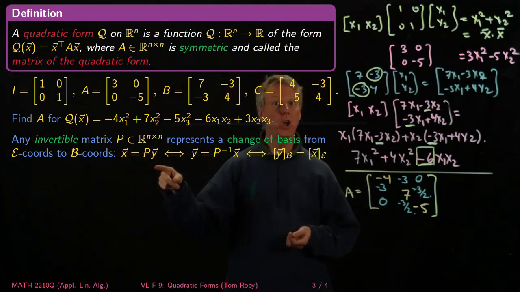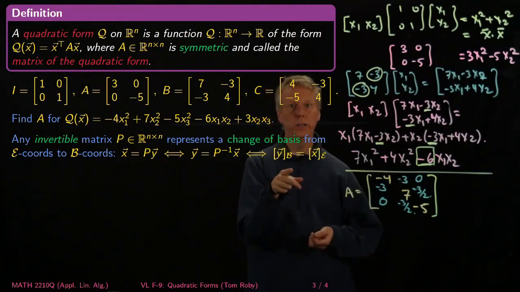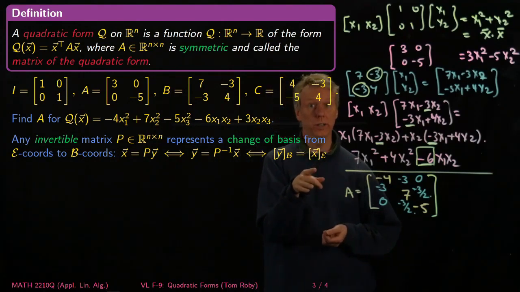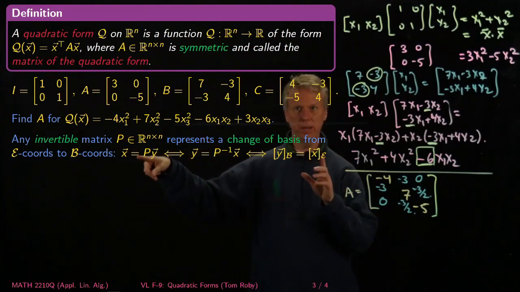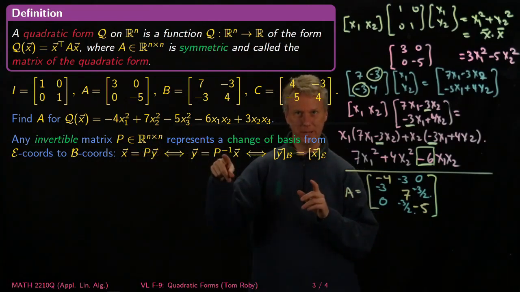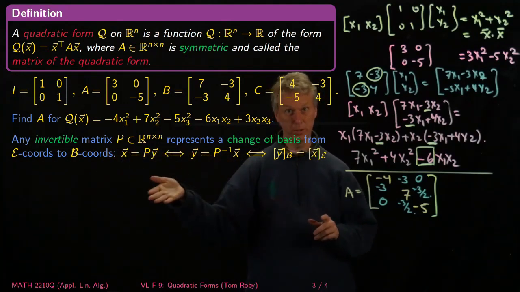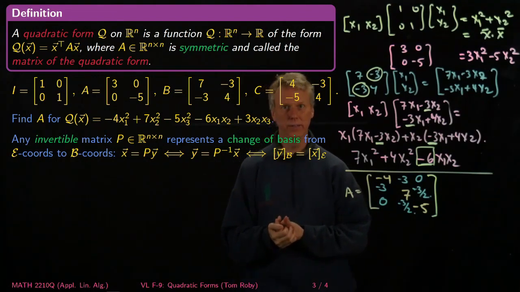If x is equal to P times y, what that means is that if I have y written in B coordinates, then x is going to be written in ordinary coordinates. And the thing that's easy to get confused here is whether this should be a P or a P inverse, right? One of these is a P and one is a P inverse, because you're going back and forth between the two different sets of coordinates. But which is which is the question that can be confusing.